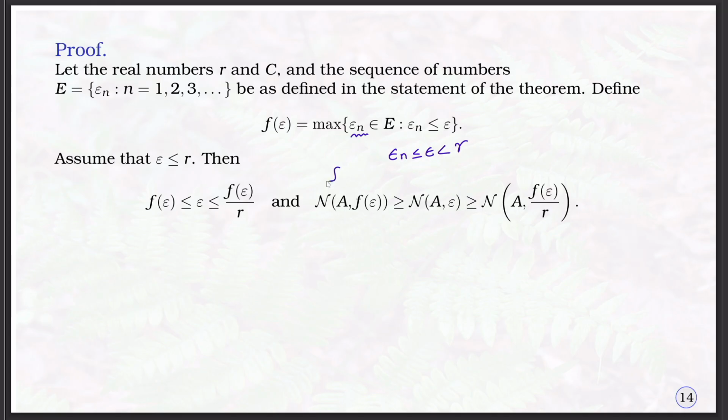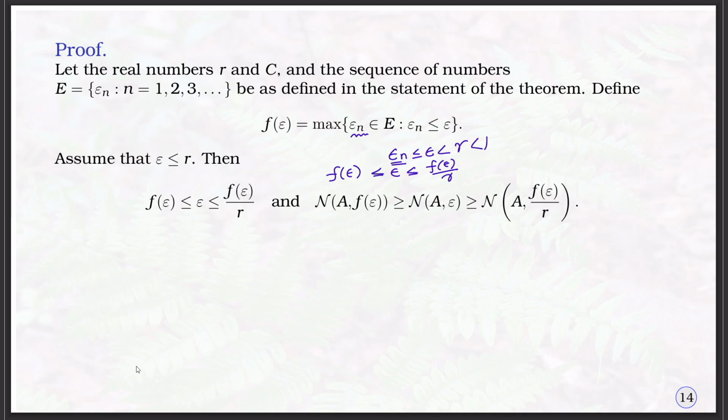So, the maximum among this epsilon n is less than the epsilon, and which is less than or equal to f of epsilon over r. Since r is less than 1, f of epsilon is less than or equal to epsilon.